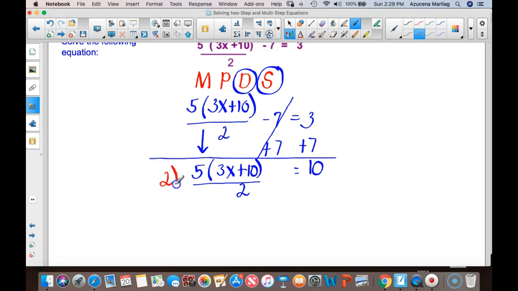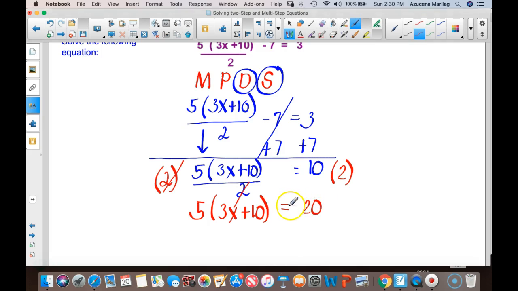So I'll multiply the left and right side of the equation by 2. That will turn this into 1 because 2 divided by 2 equals 1. Let's bring down the 5 times the quantity 3x plus 10, and the right side is simplified to 20.